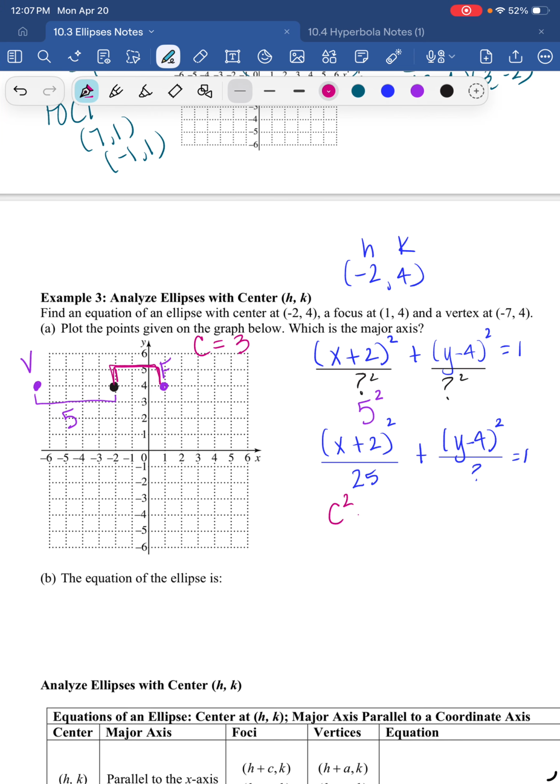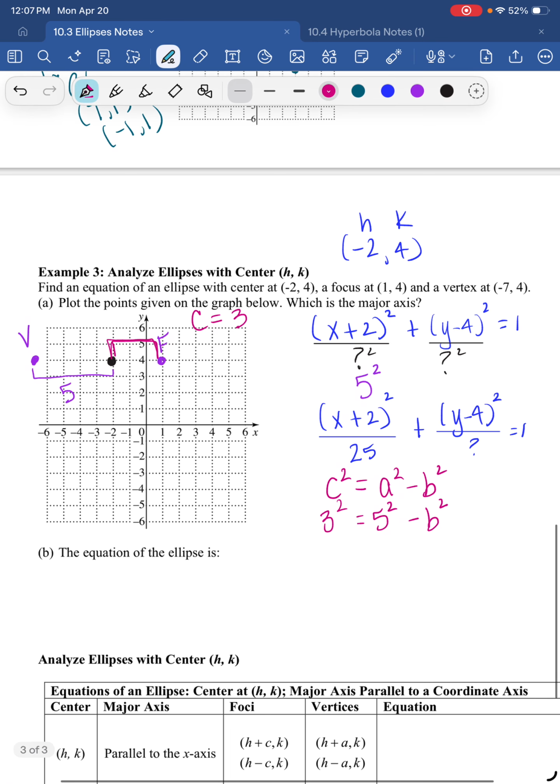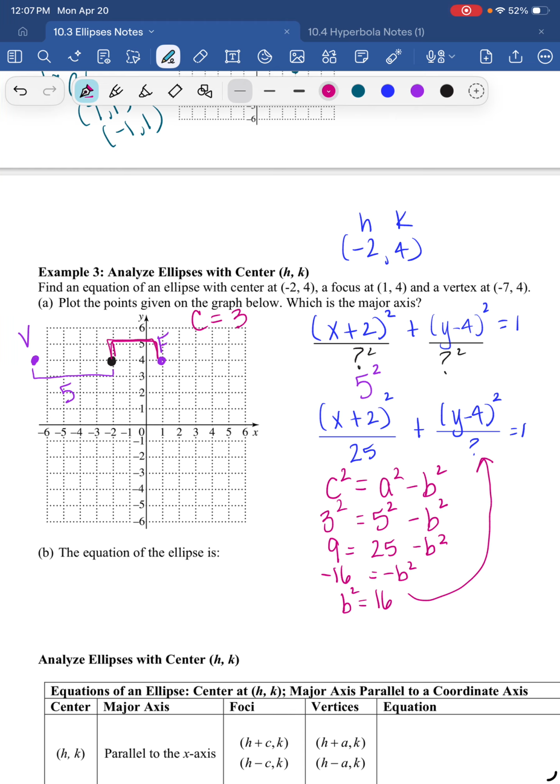Now I'm going to work backwards to find out what the y denominator is. So c squared equals the larger minus the smaller, a squared minus b squared. So c squared, that's 3 squared, is going to equal 5 squared minus b squared. Subtract. So b squared, there you go, 16.